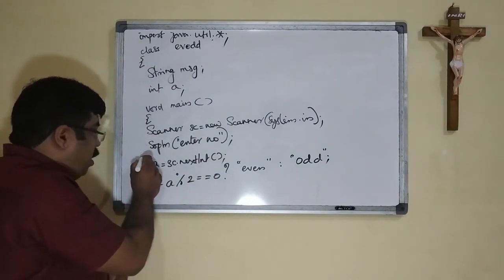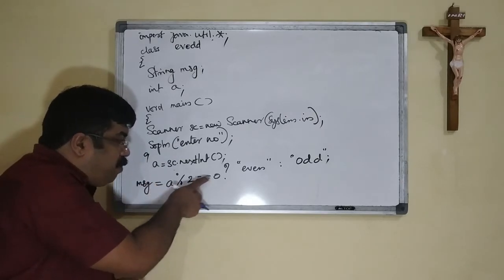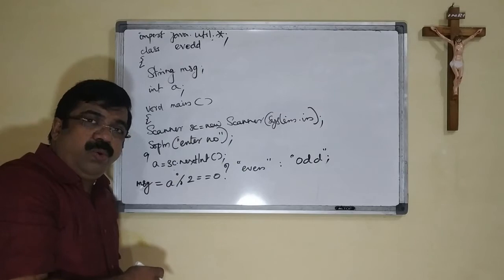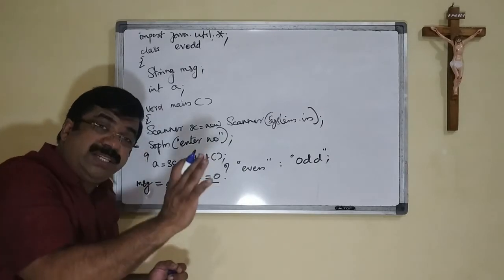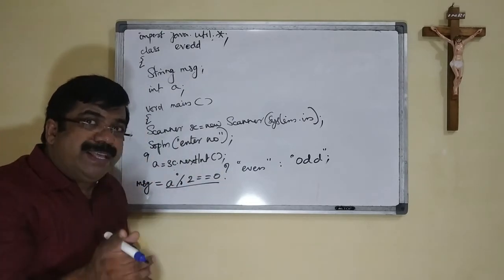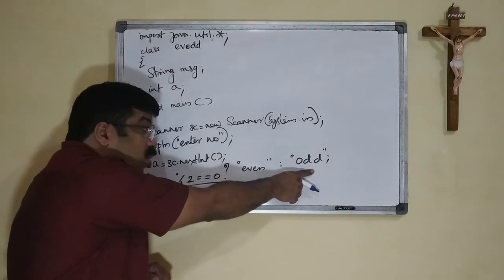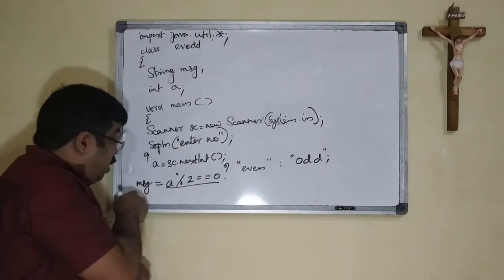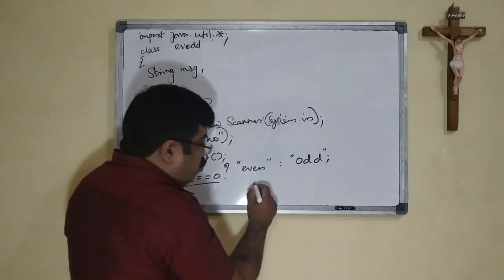Let's take one example, 9. Is 9 divided by 2 equal to 0? No, it gives a remainder 1. So the condition is not true. Expression 1 is not true. So what will be the result? Expression 3. The message odd will come to the string, odd will come to the MSG. And next we have to print it.